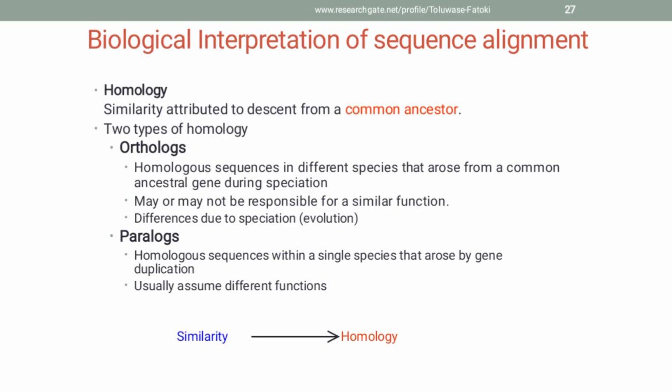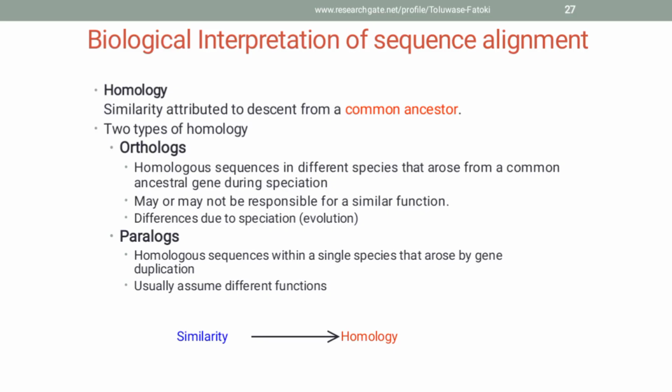So when you have paralogs, you have two sets of protein within a species usually performing different functions. Protein A, protein B in a species have the same kind of similarity, but their functions are not the same. They are present in different tissues, and the function they carry out depends on what is going on within that particular tissue.